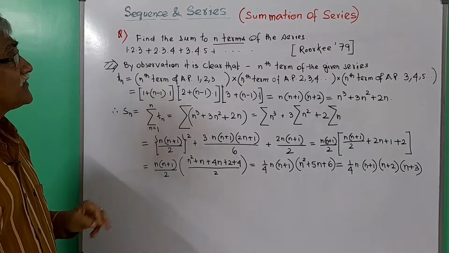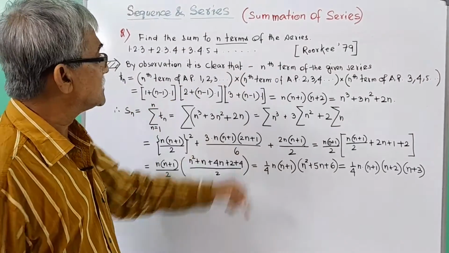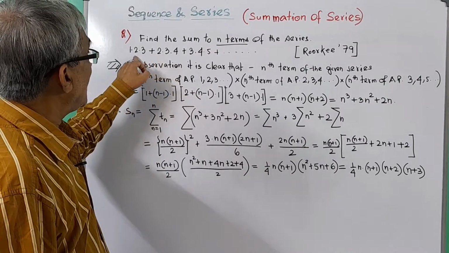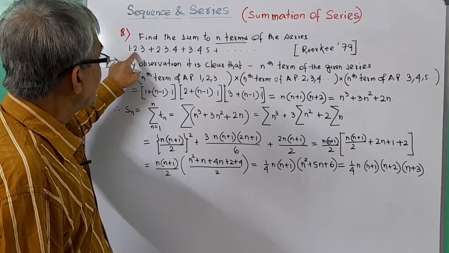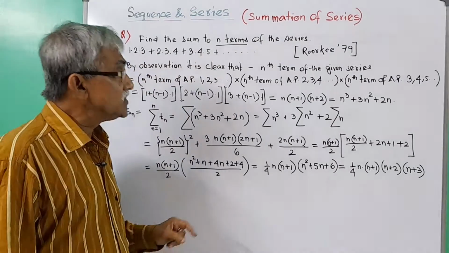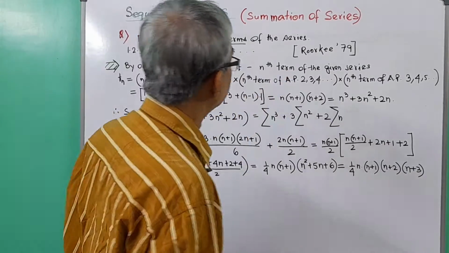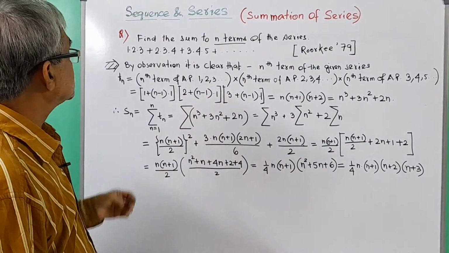So by observation it is clear that the nth term of the given series equals the nth term of the AP 1, 2, 3 into the nth term of the AP 2, 3, 4 into the nth term of the AP 3, 4, 5, etc. So the first one is 1 plus (n minus 1) into 1.